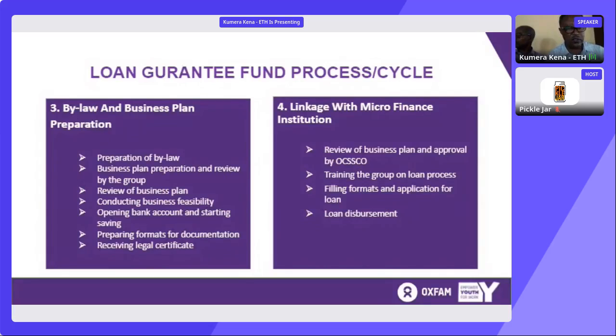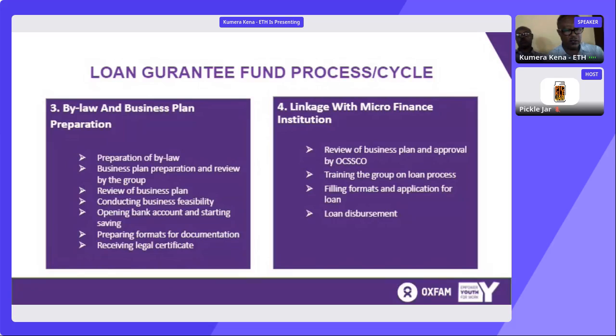The next is business plan preparation and review by the group, also done in collaboration with the youth. The business plan shall be reviewed timely. Conducting business feasibility, opening a bank account in the microfinance institutions, and starting savings are the next activities.